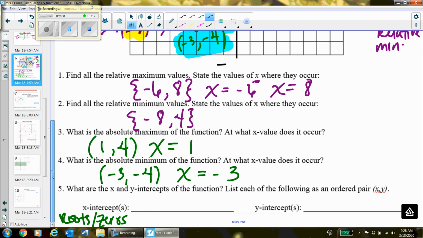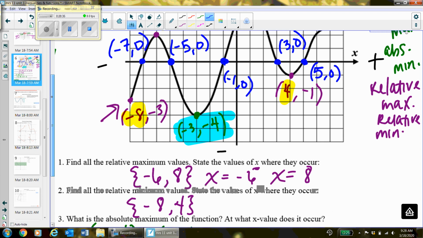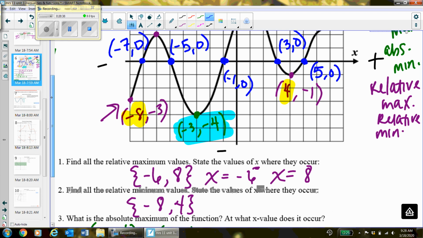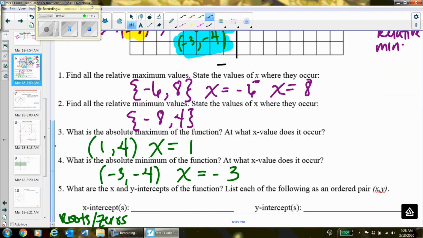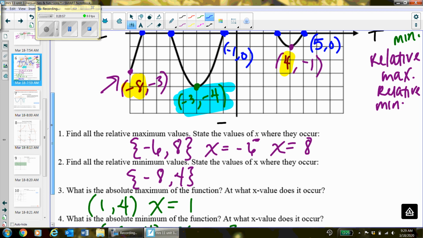So there was a lot of them. Should I give myself more space? So -7, 0. -5, 0. And I'm putting this in a squiggly bracket as well. -1, 0.